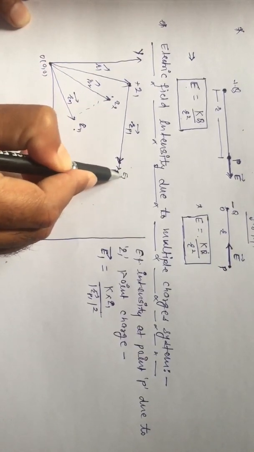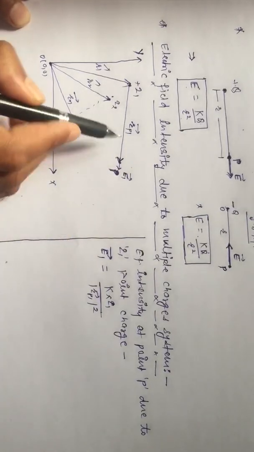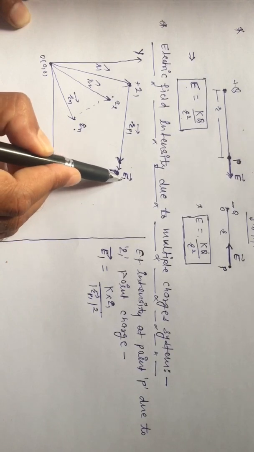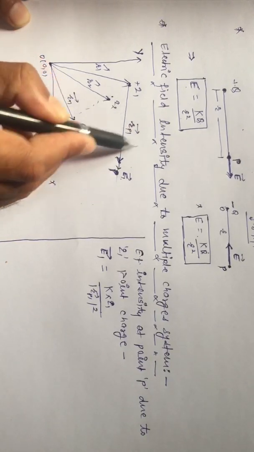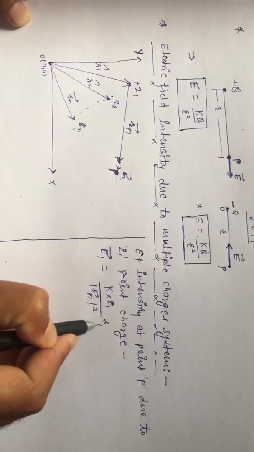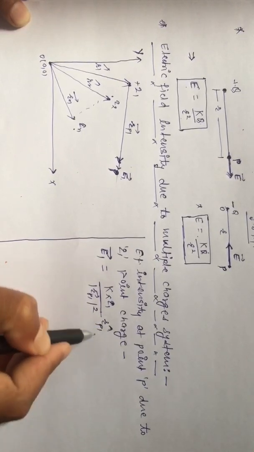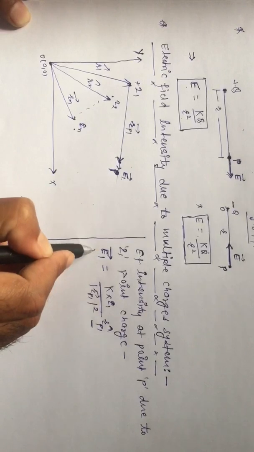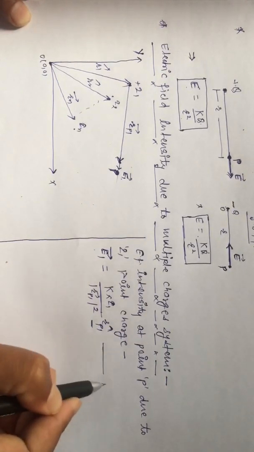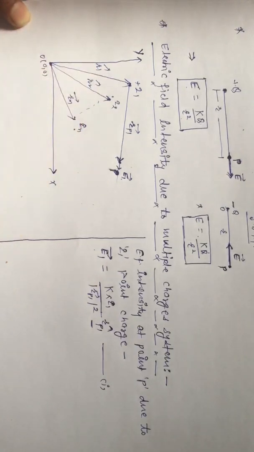So E1 will be in this direction. Am I right or wrong? Away from the positive charge. This E1 is along the direction of rp1 vector, so you will write rp1 cap. This unit vector actually explains the direction of E1. Clear? This is the electric field intensity due to Q1 point charge at point P.